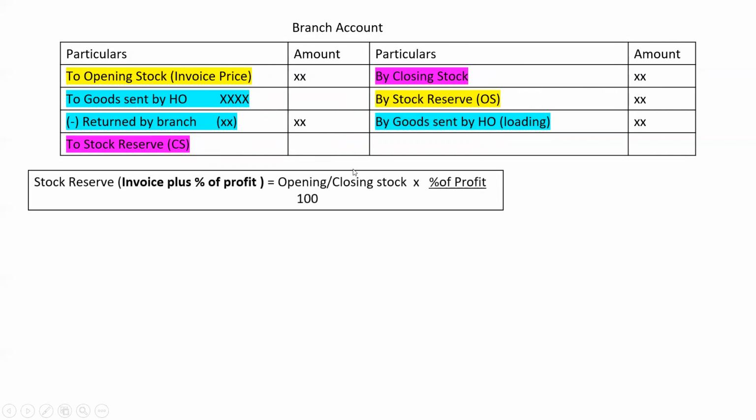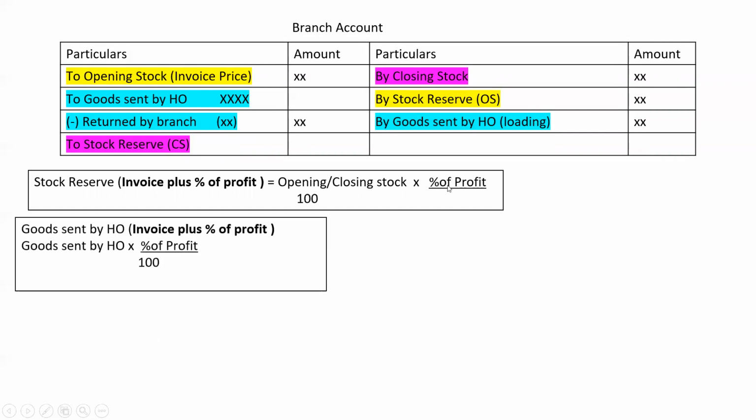So there is a formula for stock reserve. If the problem gives you the invoice price and says that profit is added on invoice price, this is the formula, either for opening stock or closing stock, into whatever is the percentage. When it comes to goods sent, you have to do it the same way.